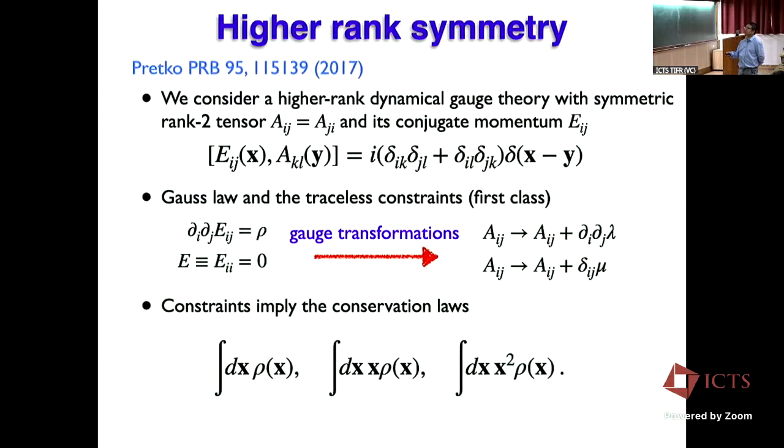From these two constraints and the commutation relation, you can get the gauge transformation of the symmetric tensor gauge field. These two constraints imply the conservation law of the charge density, the total charge, the total dipole, and here is the trace of the quadrupole. This comes from this constraint.